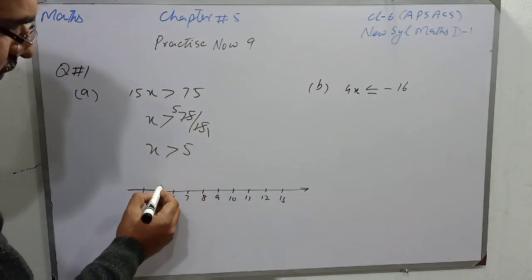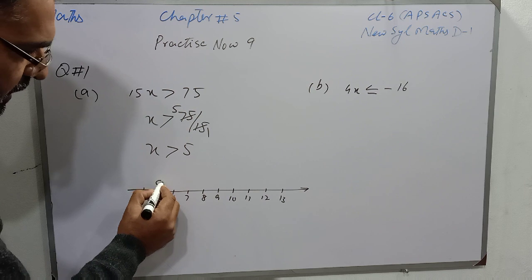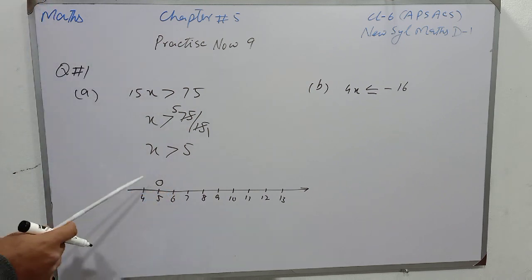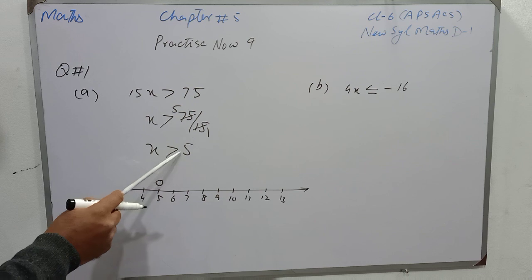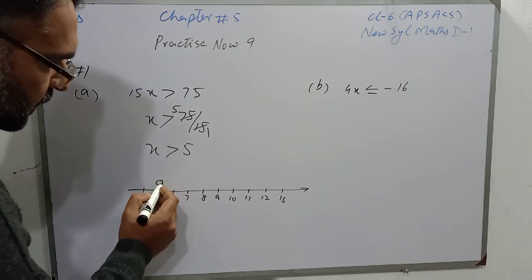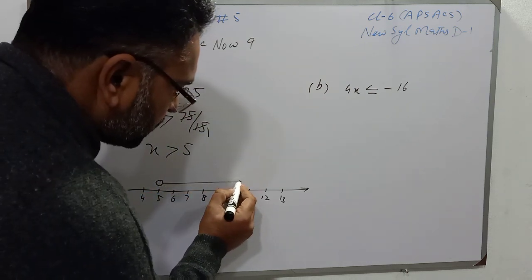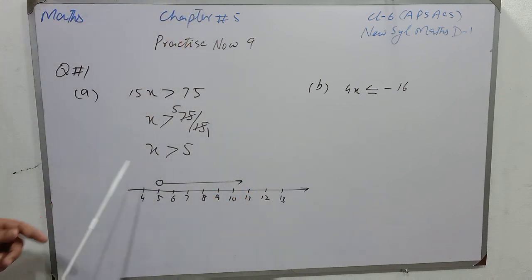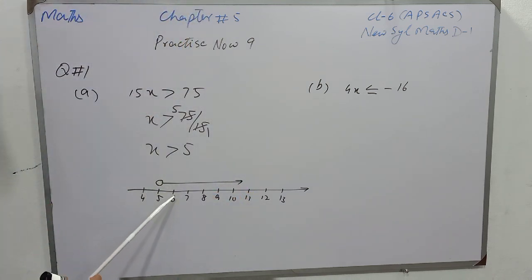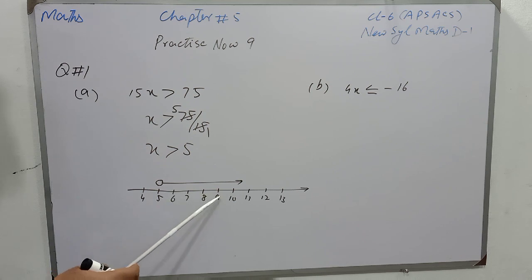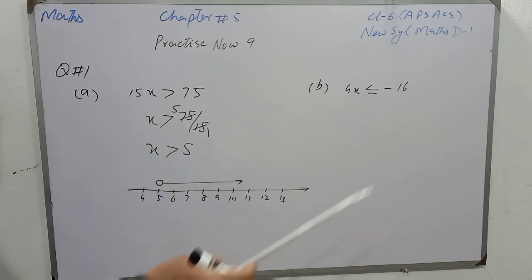So at 5 we will put a circle and then indicate toward the right because x is greater than 5. So we will put the line and show the direction to the right side because x is greater than 5. It means that it may be 6, 7, 8, 9, 10, 11 and so on.